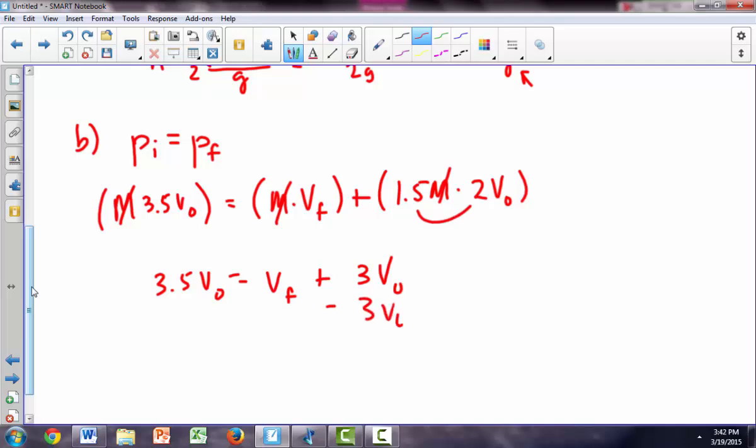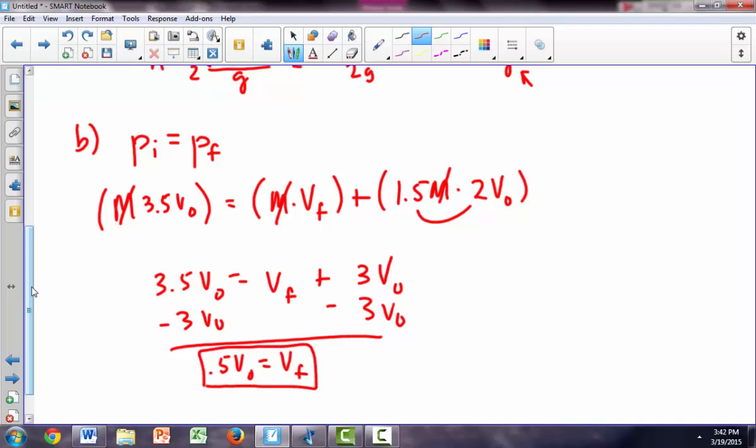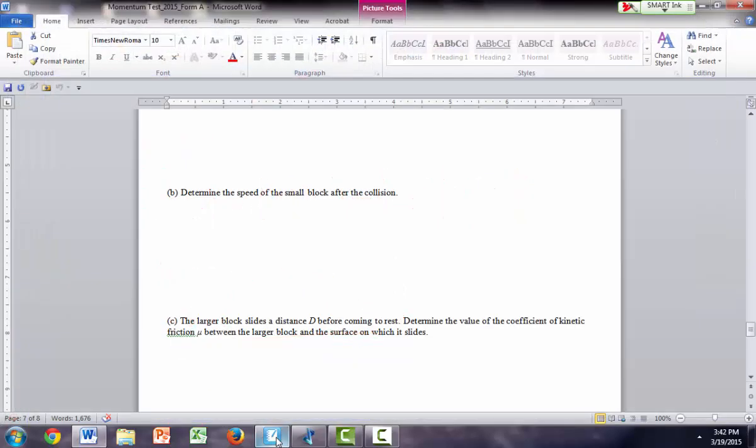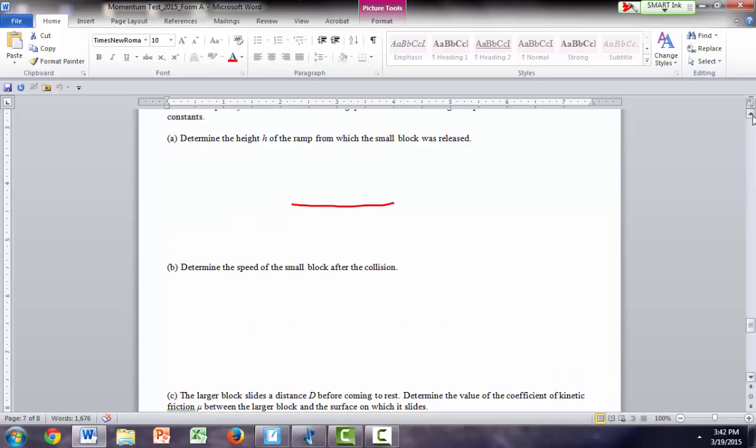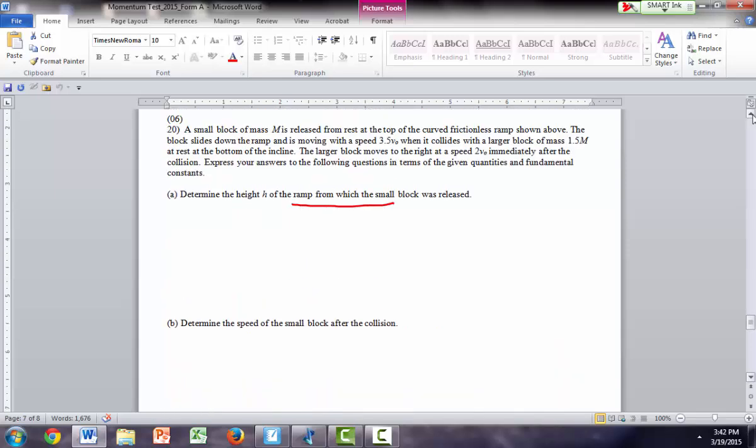I subtract 3 V0 from both sides, and I get 0.5 V0. So that small block is going to have a velocity of 0.5 V0 after the collision. So that's the speed of the small block after the collision in terms of the given quantities again, which is the V0. So I have to have that in my answer.